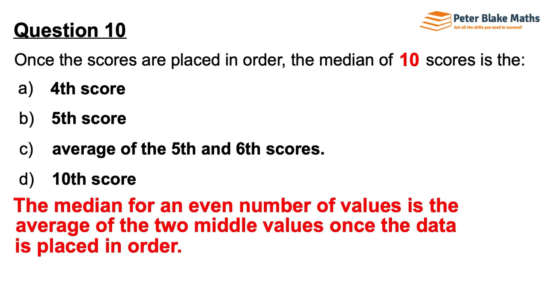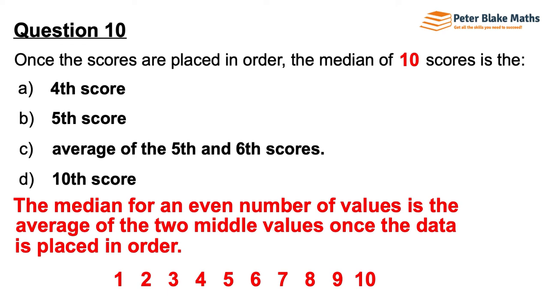The median for an even number of values is the average of the 2 middle values once the data is placed in order. If we look at the numbers 1 through to 10, these might not be the exact scores, but they represent the 1st score through to the 10th score laid out in order.